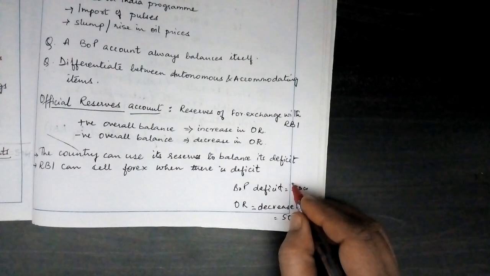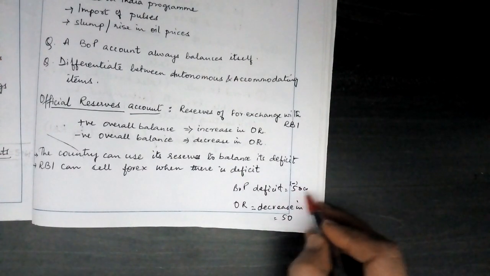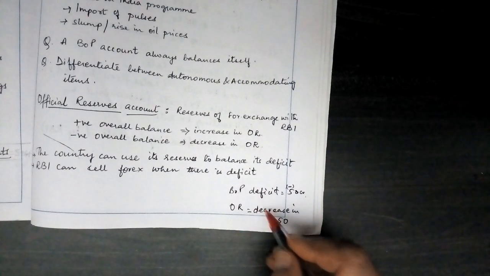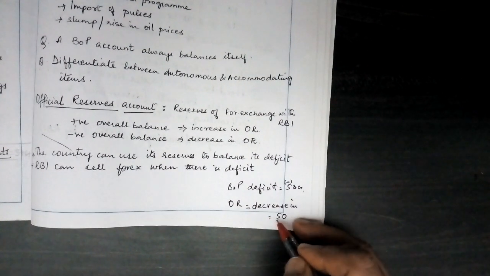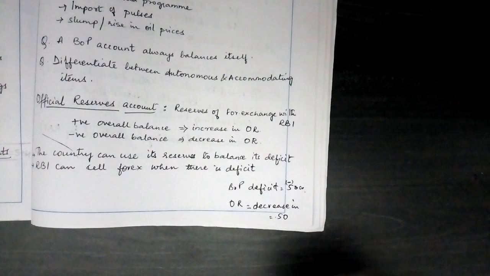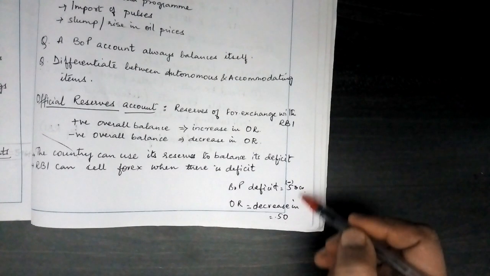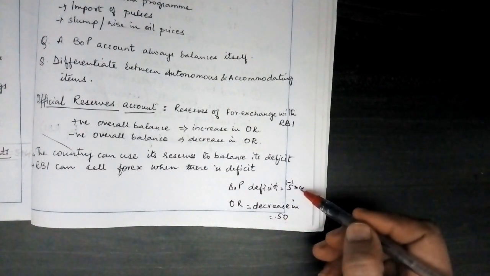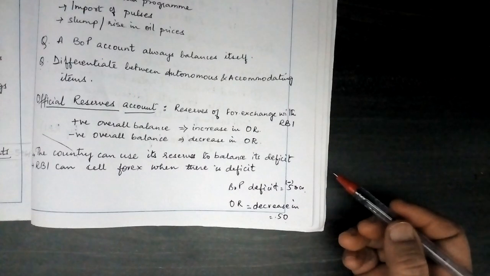If it is a deficit, then it will be shown as negative, so minus 50 crore, then in the official reserves we will find a decrease of 50 crore. So that is how it is balanced.